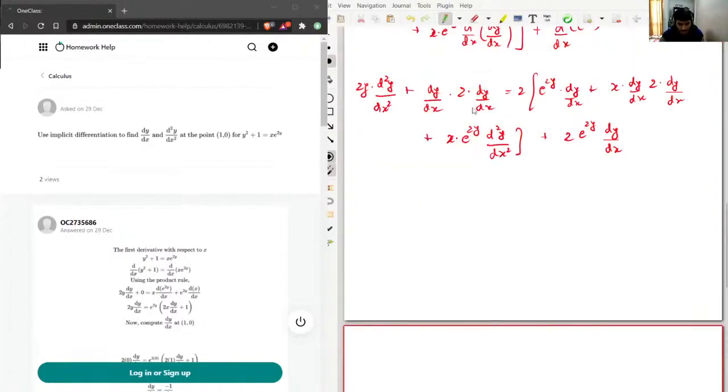Now instead of multiplying this dy by dx, let's just keep the values. So we have the value y is 0, and dy by dx we calculated for (1, 0) was negative 1 over 2, and x was 1, so let's keep the values here.